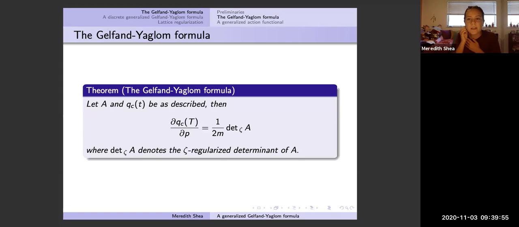Okay, so now we can state the usual Gelfand-Yaglom formula. And so technically what I have written out here is actually a corollary of it. So what is it?